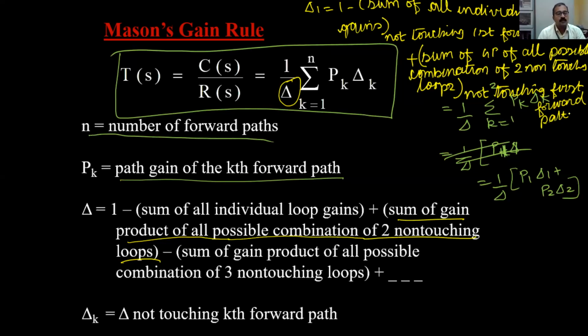Okay, so delta k means delta that does not touch the kth forward path.